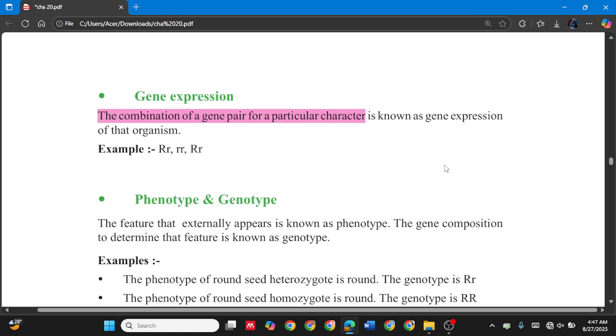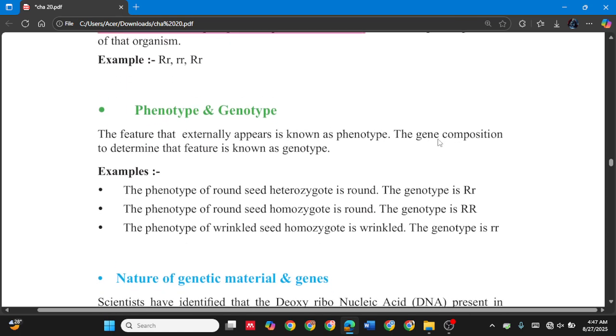For tall, it could be both dominant, that means homozygous, capital T capital T, or capital T simple t. Both could go with that character. So gene expression can be capital T simple t, or double capital T. If the particular character is short, what is the gene expression? It should be double simple t. Got my point? That is what we call gene expression.